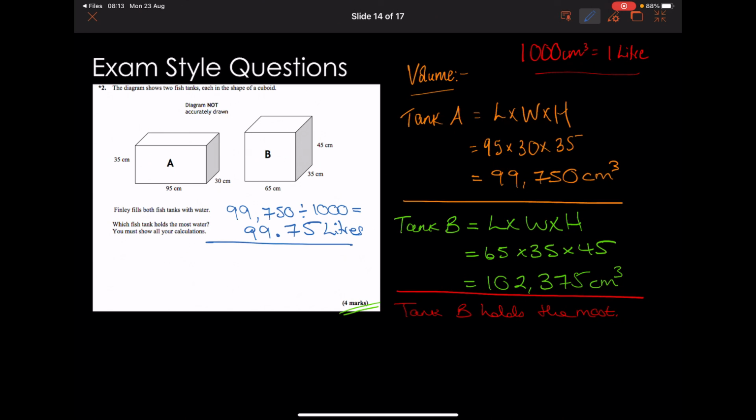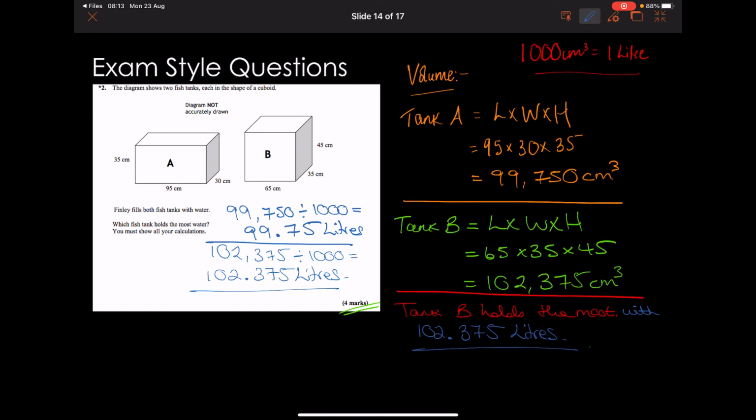And then you can do 102,375 divided by 1,000, which gives you 102.375 litres. Again, it doesn't ask you to do that, so you probably don't have to. But you can say tank B holds the most with 102.375 litres. Okay? So not bad at all. Tank A looks like it probably holds more, but it doesn't.